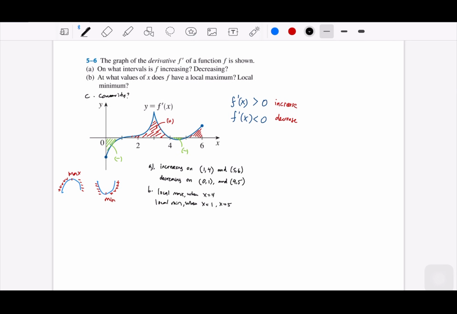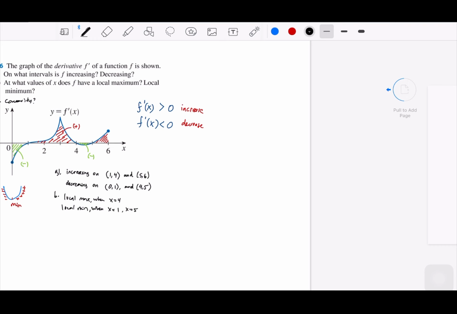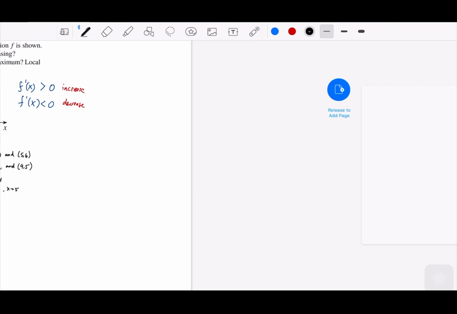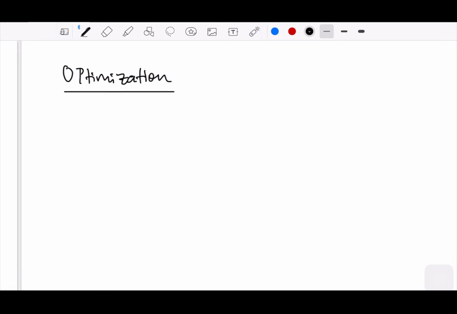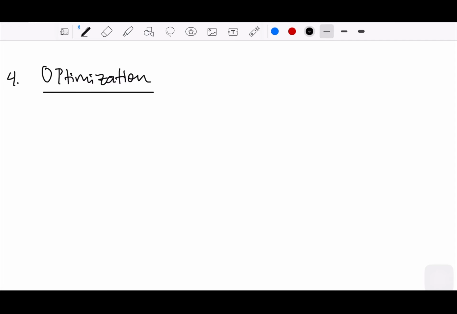Okay, now another section that I want to introduce is optimization. This is 4.7. So what does optimization mean? Optimization means that you will have a certain problem, a certain algorithm that you need to optimize.